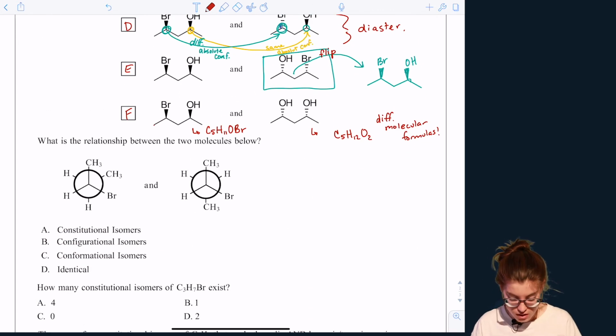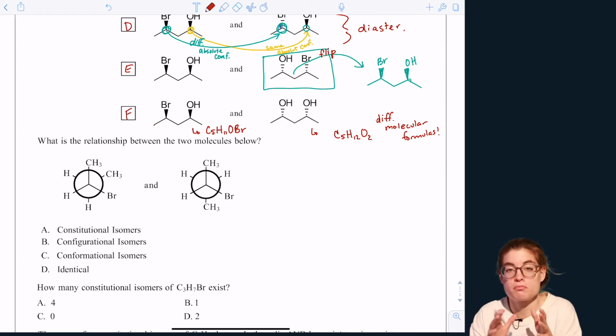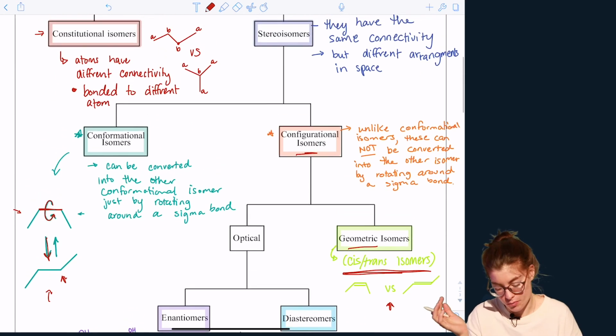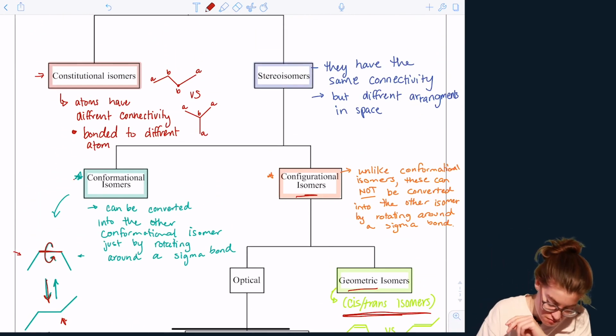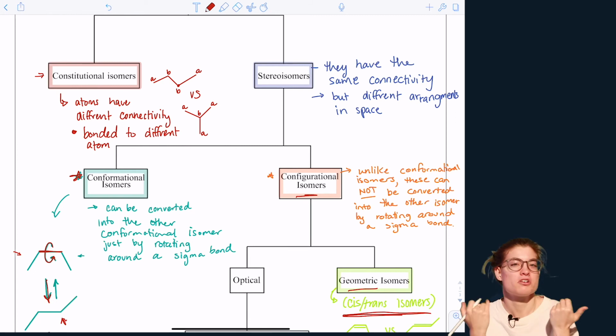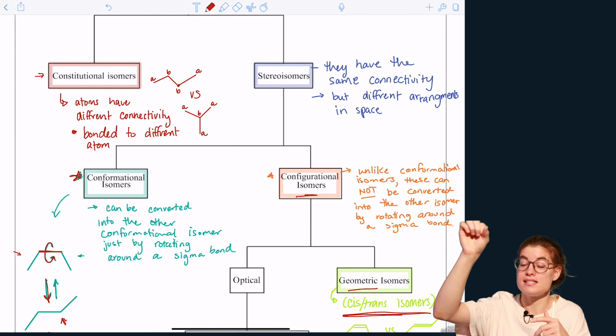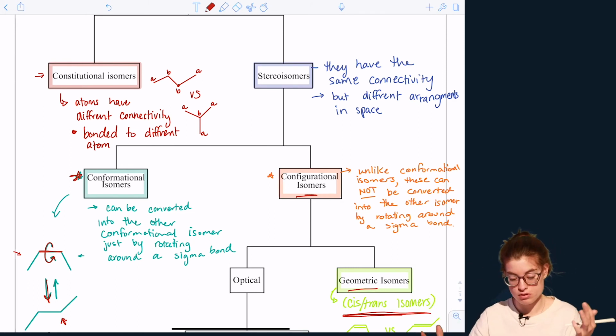All right, what is the relationship between the two molecules below? Here's the thing about Newman projections, and just knowing this is good to know. Conformational isomers really kind of annoy me because they're basically identical. They're identical molecules. All you've done is rotate around a sigma bond. But it's important to know that rotating around a sigma bond changes the position in space of groups.